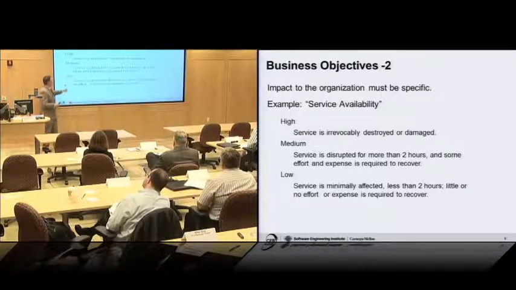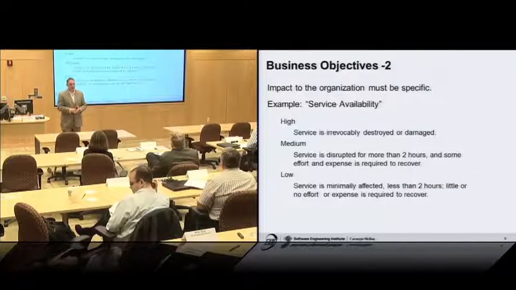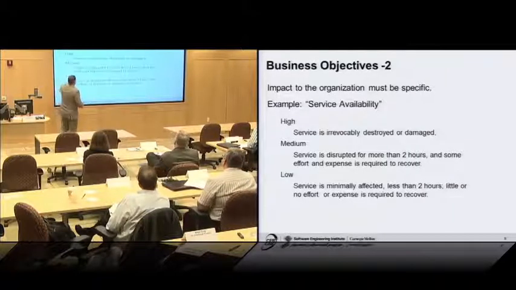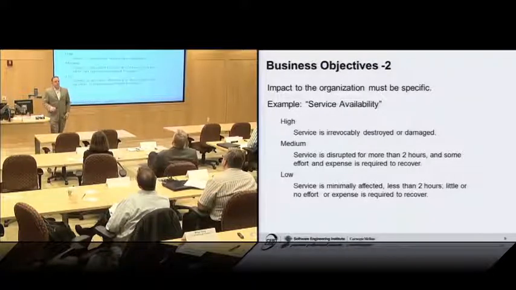A high impact consideration might be that the server is destroyed, is completely gone. Well, what kind of impact would that have on the business objective of availability? Pretty high, right? That server's not there anymore. It's not partially broken, it's not slightly affected, it is completely gone, which means our availability goes to zero. That is a pretty high impact. Medium impact might be something like we have 2 hours of disruption.